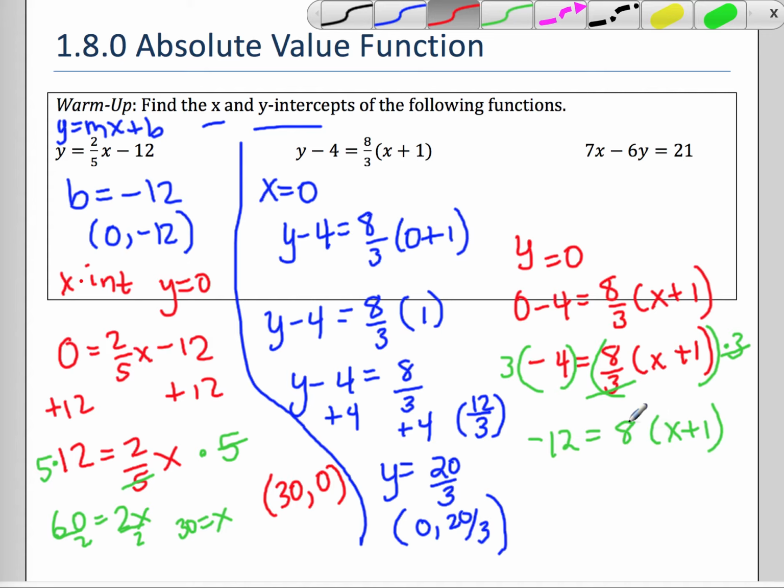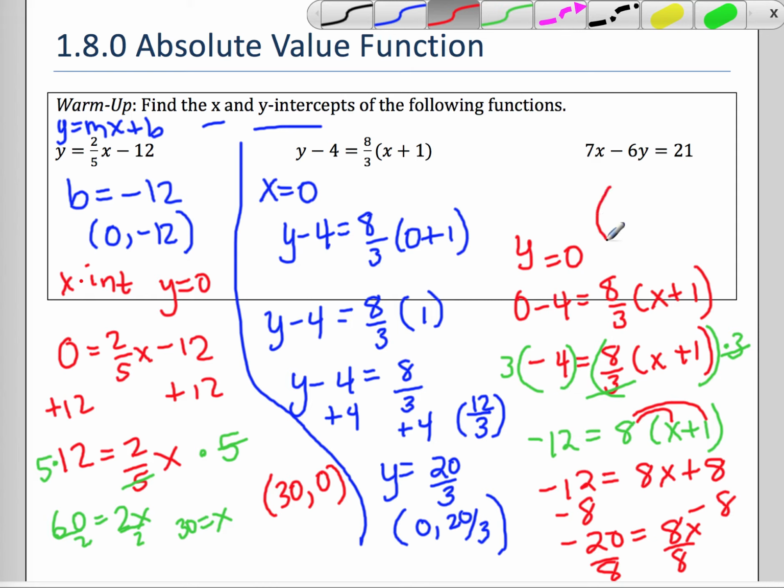And now to get rid of that 8 in front, you divide both sides. Well, I'm going to distribute. Oh, okay. But we could have. You're right. That's another way we could do it. Distribute the 8, so it's 8x plus 8. Then minus 8 here, minus 8 here. So I have -20 equals 8x divided by 8.